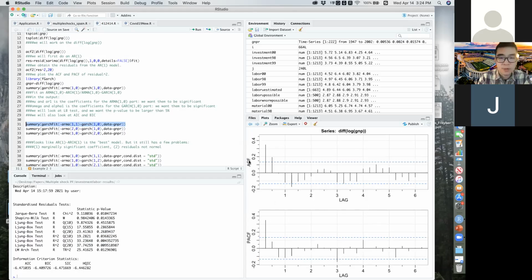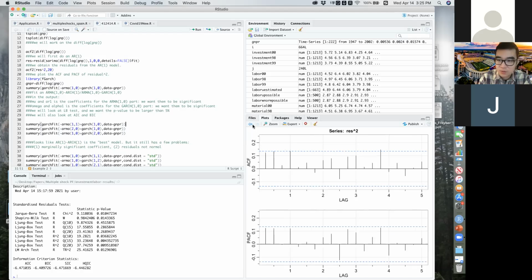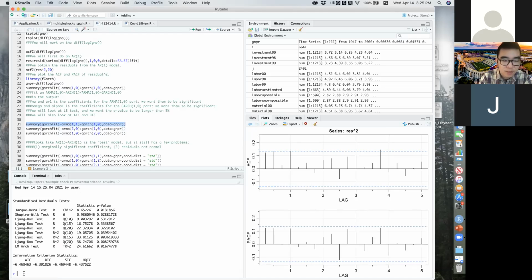The reason I fit this model is because I find the ACF also has some cutoff. I mean, not the cutoff, I just interpret both of them as tails off. I'm sorry. So that's why I fit an ARMA11. The GARCH 1,0 is this, and I run this regression.